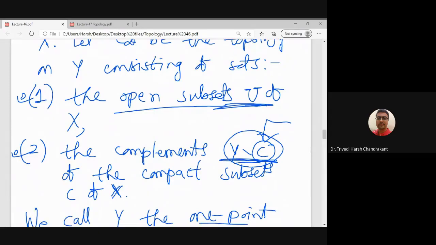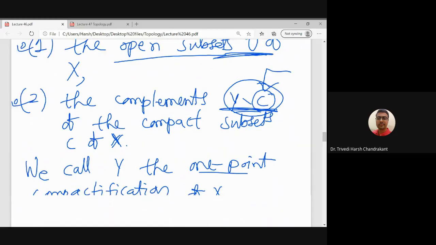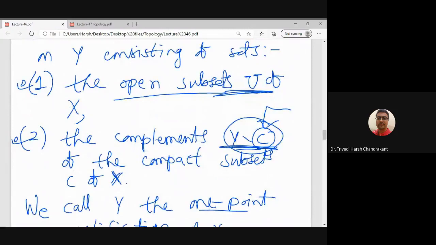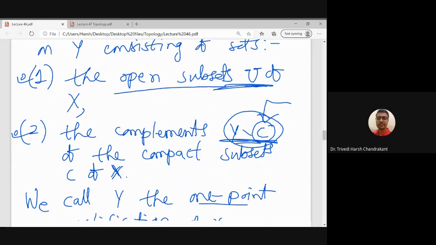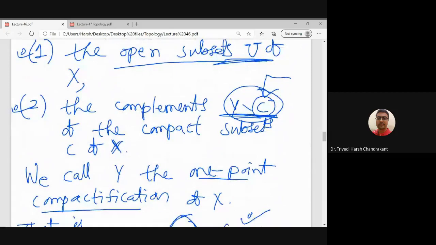On Y we can define a topology. That collection will consist of all open subsets of X, and it will also contain the subsets of the form Y minus C, where C is a compact subset of X. So this new collection tau infinity will contain either type 1 sets, which are basically open subsets of X, or type 2 sets, which are sets of the form Y minus C. So what is Y?